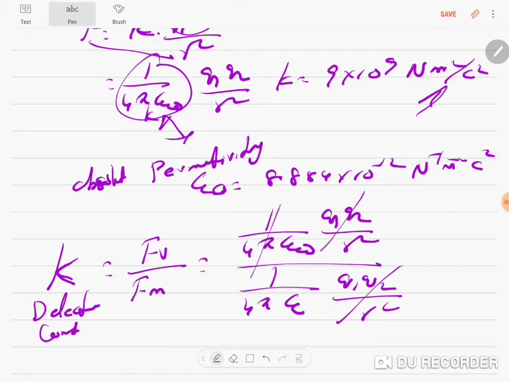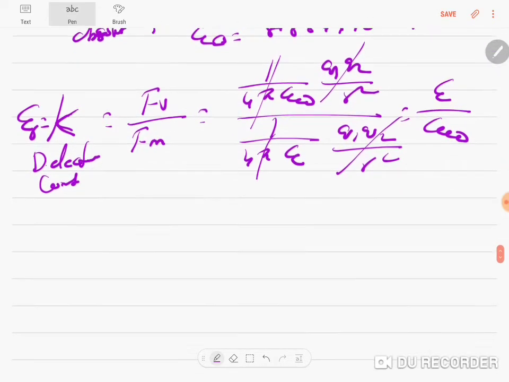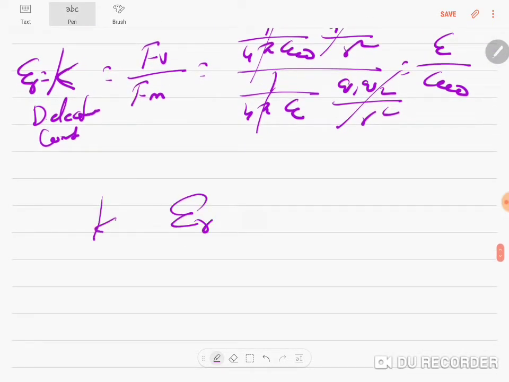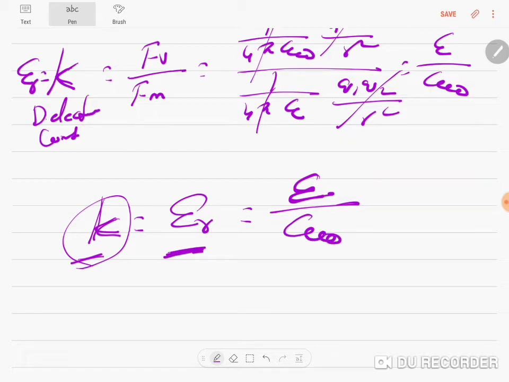Everything will get cancelled and you will have epsilon by epsilon naught, which is also called epsilon r, relative permittivity. Epsilon r is also known as dielectric constant K. See the terminologies. Relative permittivity, the dielectric constant, is the ratio of permittivity in the medium to permittivity in vacuum.